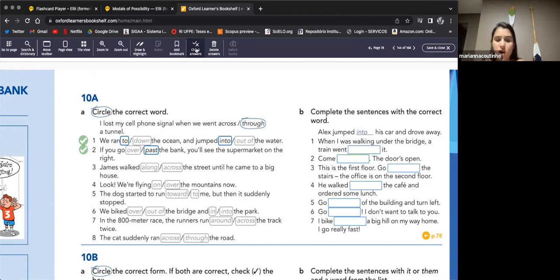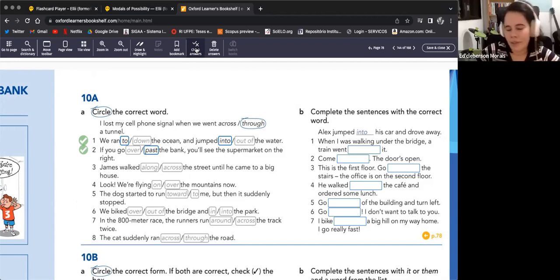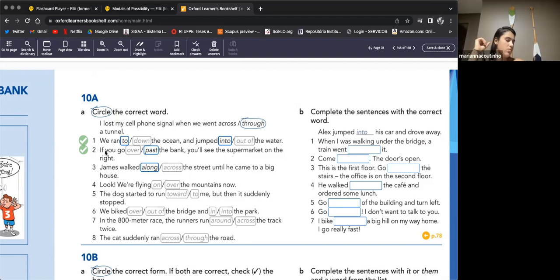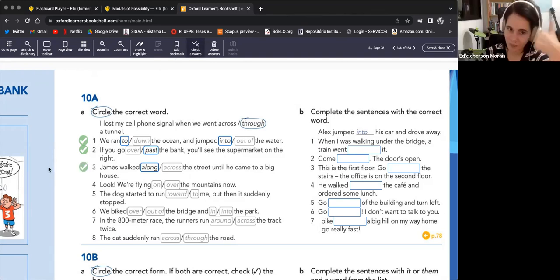James walked along the street until he came to a big house. What do you say? Along? Walked along the street. You sure? I don't know. Let's check. It is correct, okay? When you walk, you can walk across, okay?